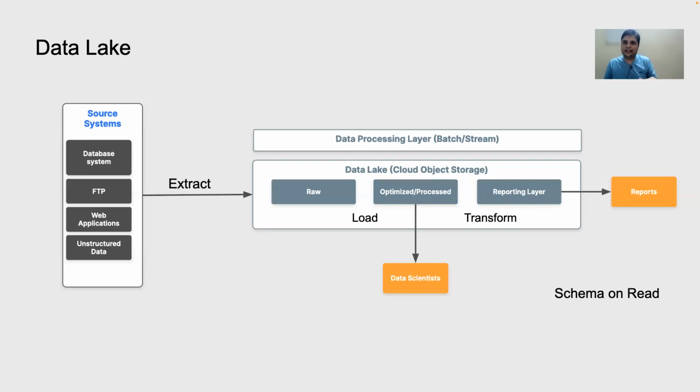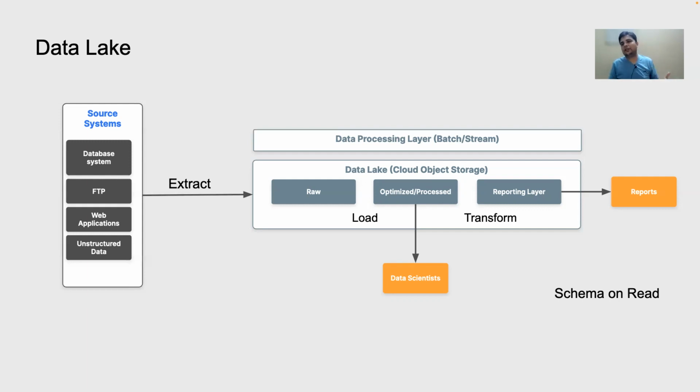Now, what's a data lake? Again, the problem we are trying to solve is unstructured data. With cloud and object storage, or rather unstructured storage, which we really needed. It would have been possible in on-prem cases too, with commodity hardware. But I'm just taking the example of cloud.